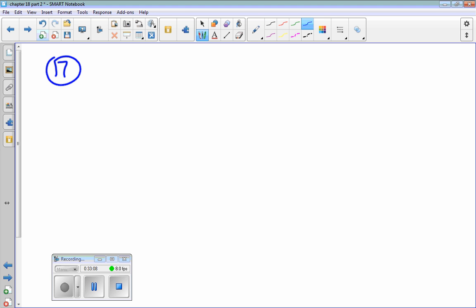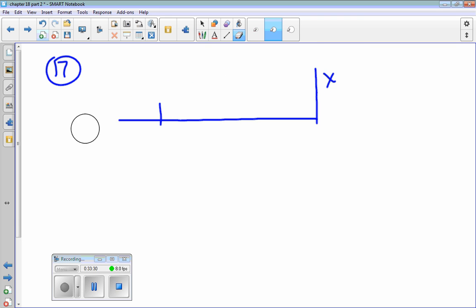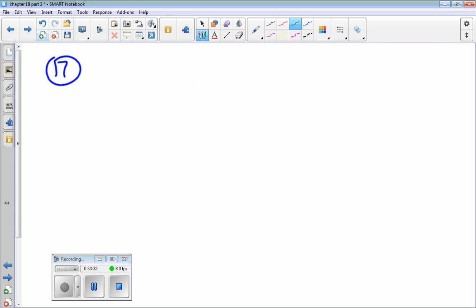Okay, so it says that at a certain time of day, a 1.8 meter person, so it's meters, it wasn't feet, actually, standing next to the Washington Monument, which we don't know how tall it is, casts a shadow. You mind if I just draw 2 different triangles? To me, it's easier to see it that way.